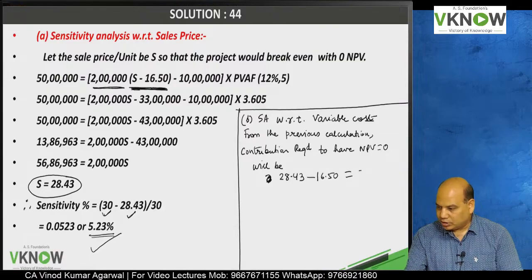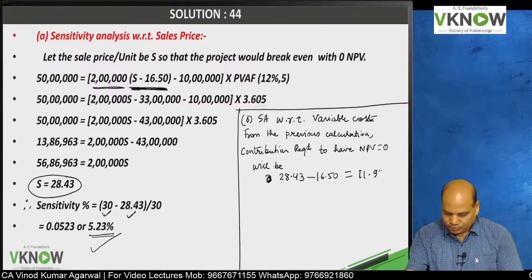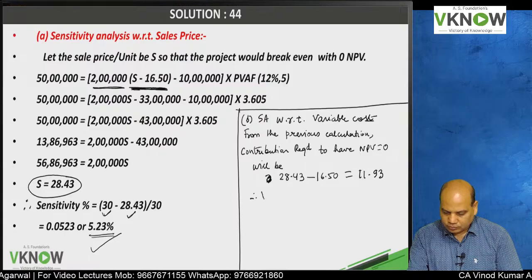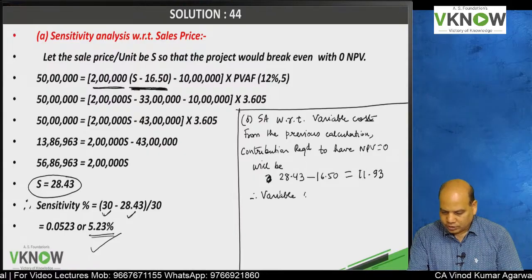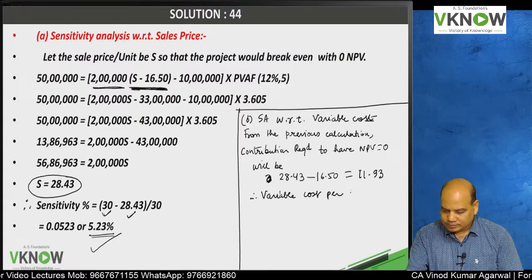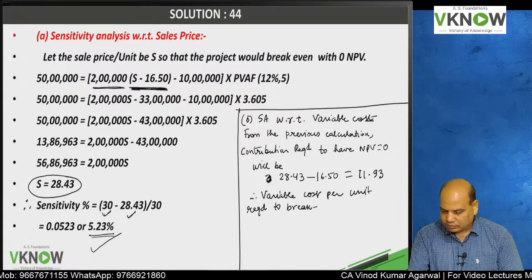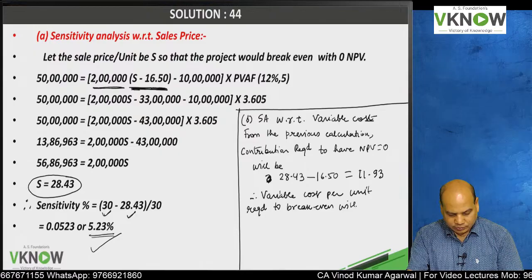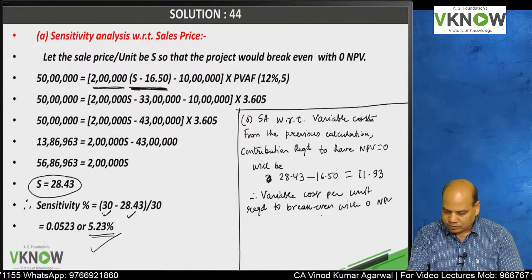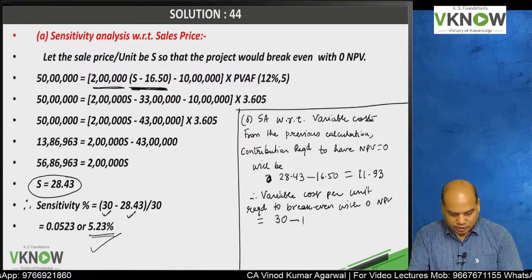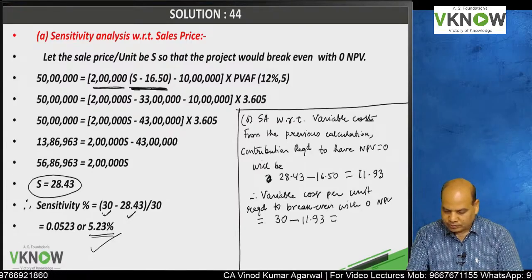Is it 11.93? 11.93 is the contribution. Therefore, variable cost per unit required to break even with 0 NPV: selling price is 30 rupees and I require 11.93.